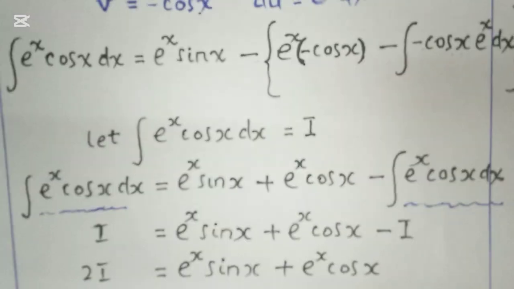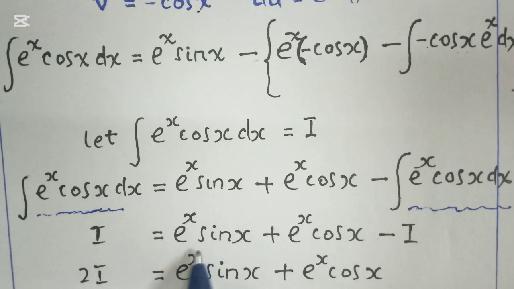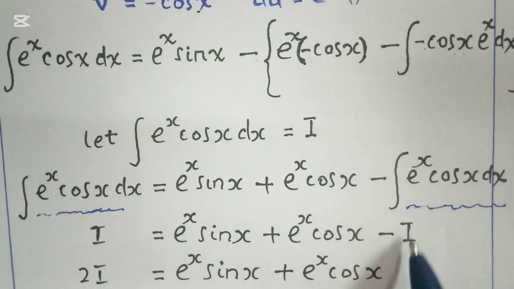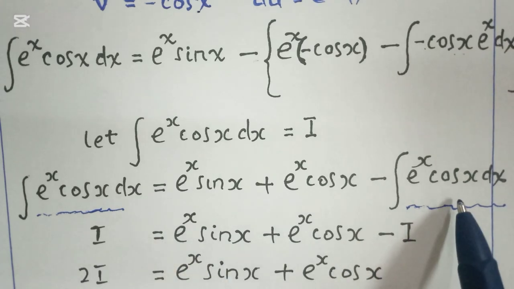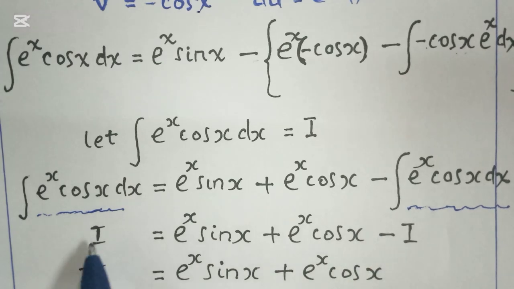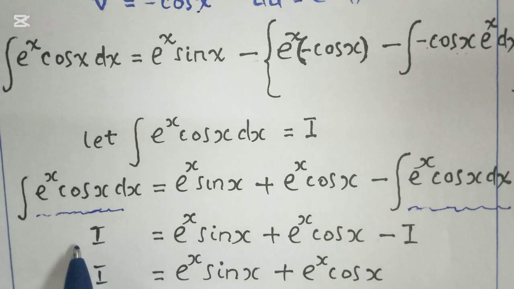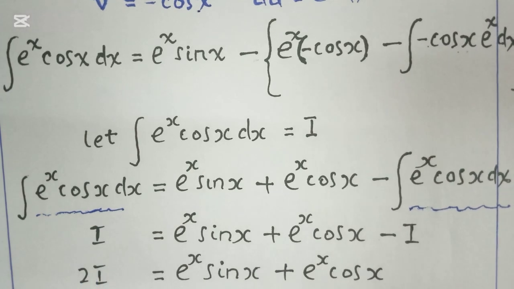And so that now, guys, we have I, which is our question, equals to that, and then minus I, because this is similar to the question. Now you can put your I on this other side. It was negative formerly, but now it becomes I. So I plus I gives us 2I.